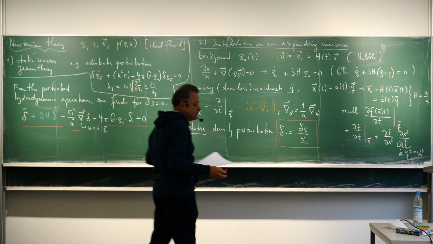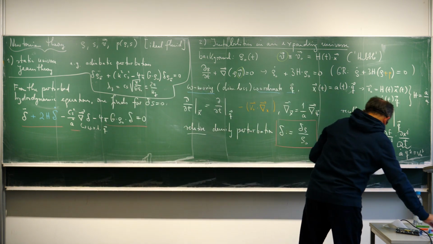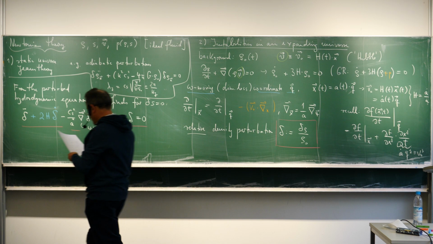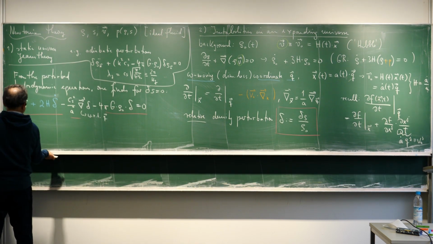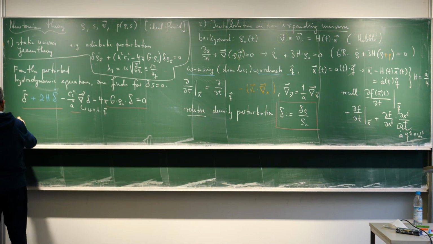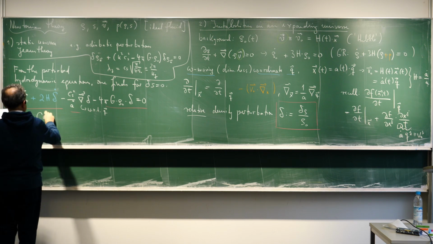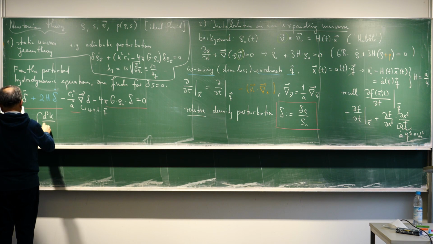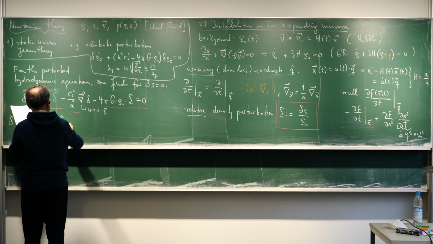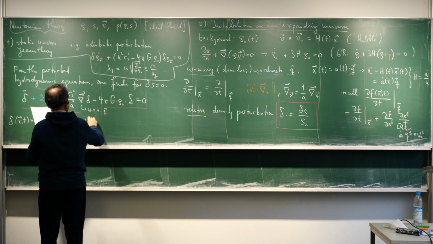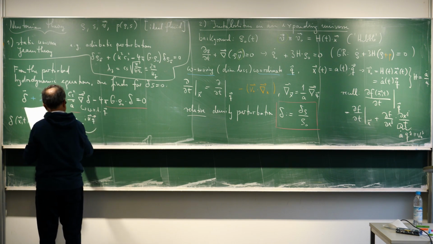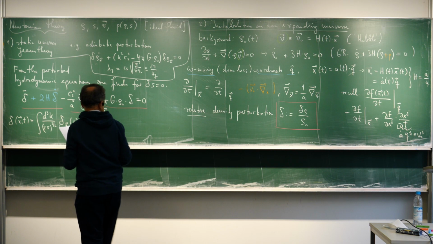So this is what, if you go to Fourier space, then replaces this one. And let me write it down in Fourier space. So we have here the Fourier transform, delta of x and t, integral, standard with this factor here, delta k of t e to the i k q. And this is also what we call just delta.